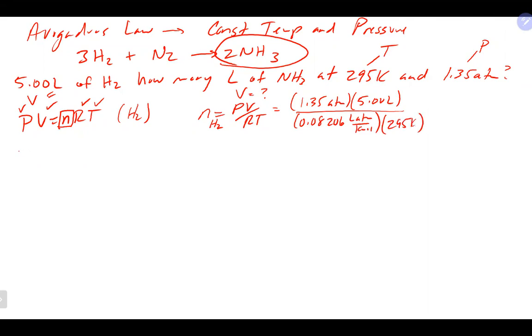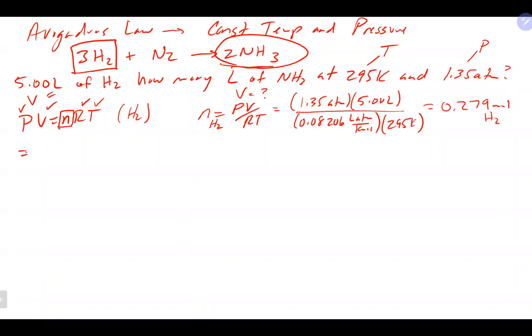So if we do all this for hydrogen, we end up with 1.35 times 5 divided by 0.08206 and divided by 295, which gets us something like 0.279 moles of hydrogen.